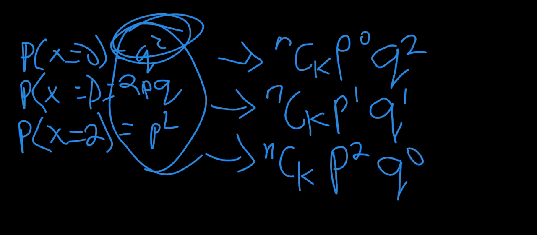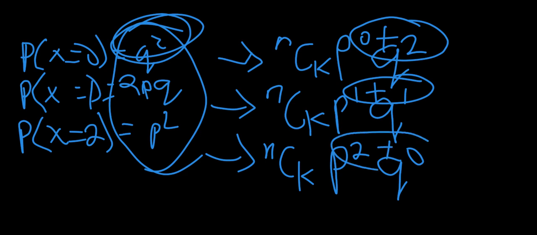Now, from what we noticed here, adding these two here gives us the value two, and we know that two is the number of trials, and the number of trials is n, so we can simply replace this n as two.